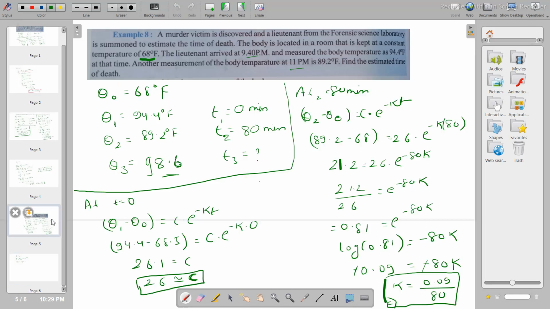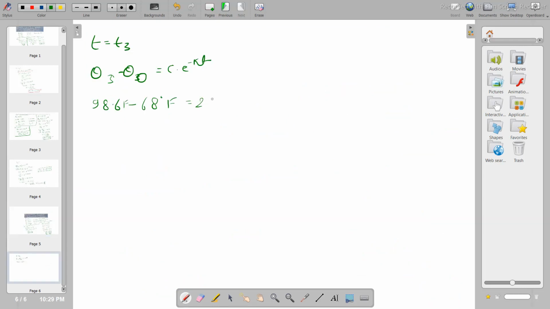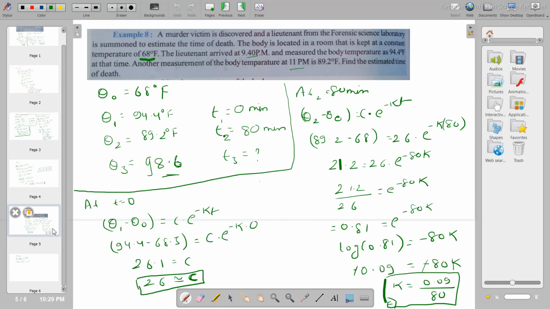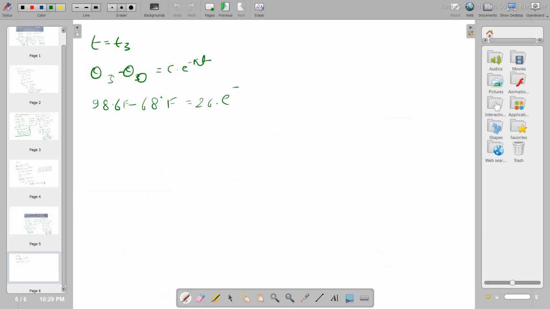What is the value of c? C is 26. So 26 into e power minus k, where the k value is 0.09 by 80, into t. We need to find this variable, this t.